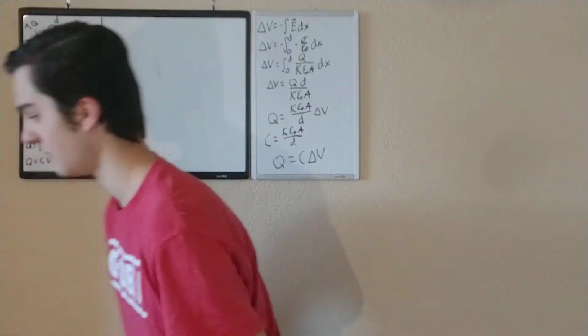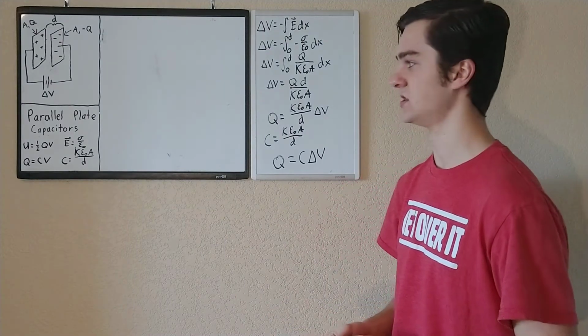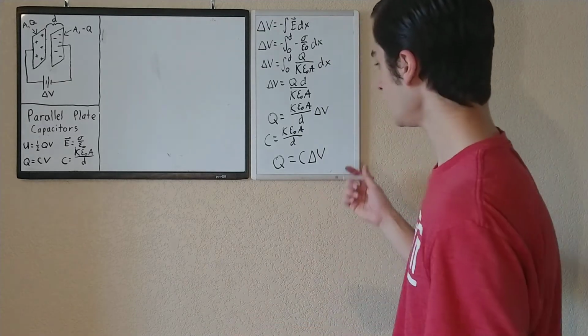It makes sense. Anytime we have these tiny little infinitesimal values that are changing and affecting each other, and we have to sum them up, it makes sense to turn to an integral.